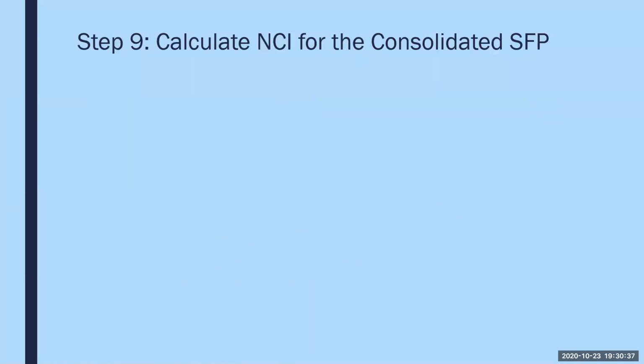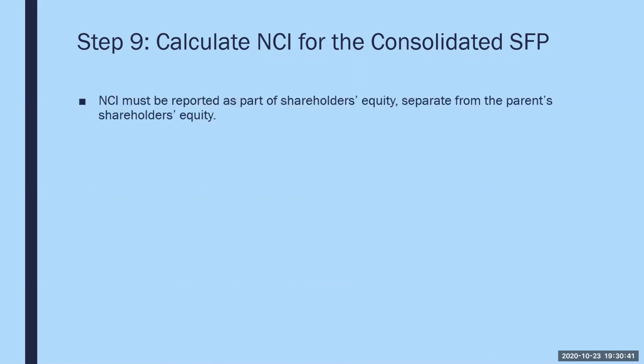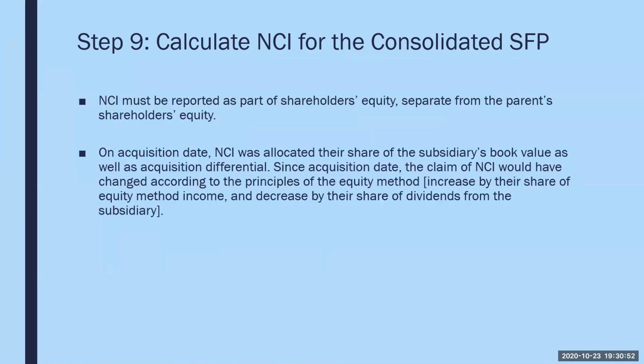Next, we calculate non-controlling interest for the consolidated balance sheet. NCI is to be reported as part of shareholders' equity, though it must be shown separate from the parent's shareholders' equity. On the date of acquisition, non-controlling interests were allocated their share of the subsidiary's book value along with acquisition differential.